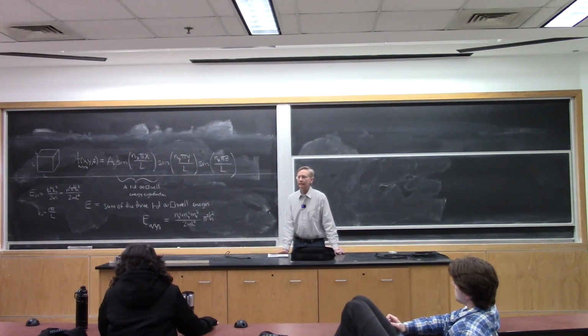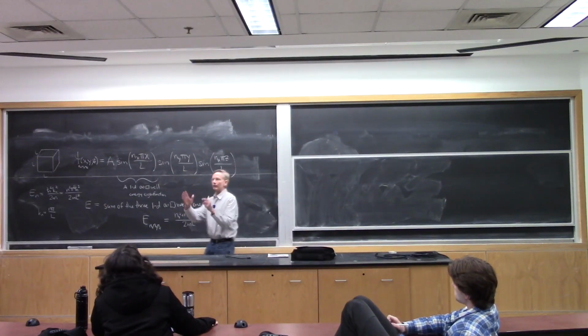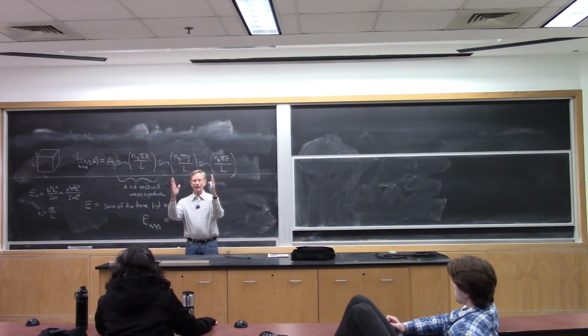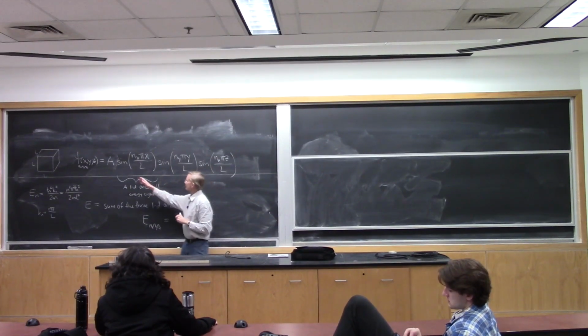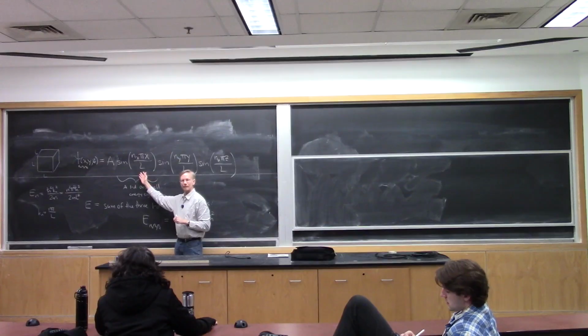What are the n's? The n's are the number of half wavelengths that fit along each dimension of the box. So the wave function is a product of three one-dimensional infinite square well wave functions, right?